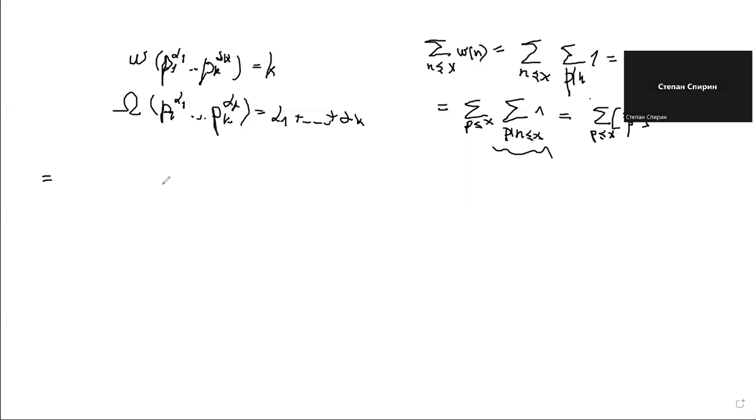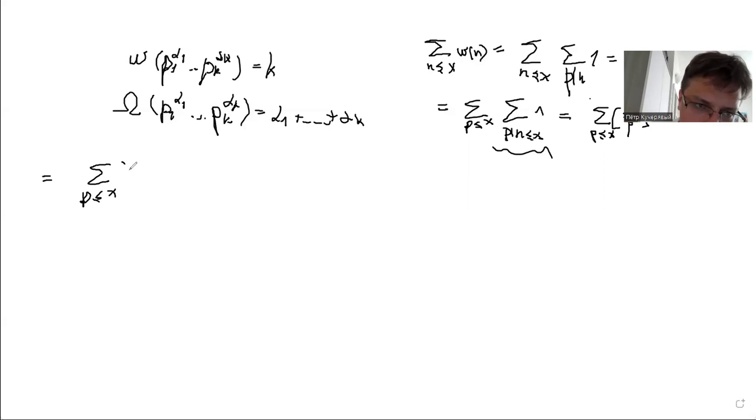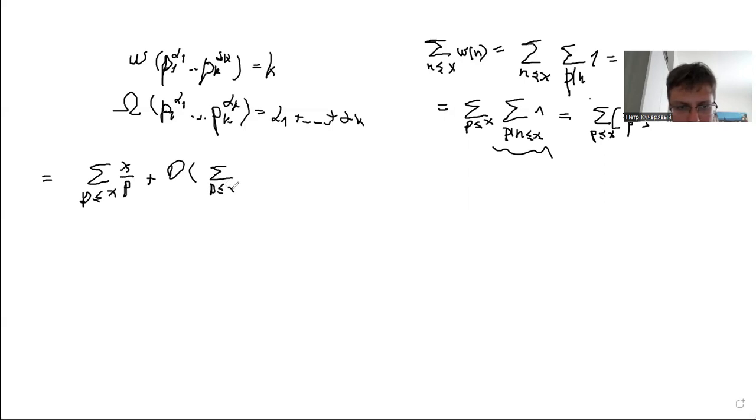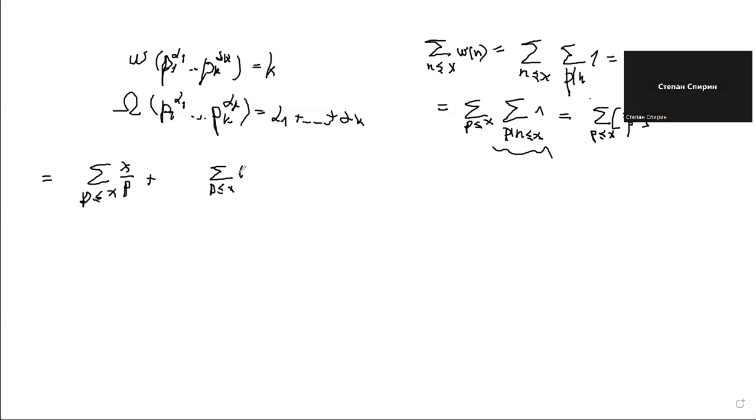We should probably again split it into the integer part, plus x over p, plus big O of 1, of the sum over primes less than x.